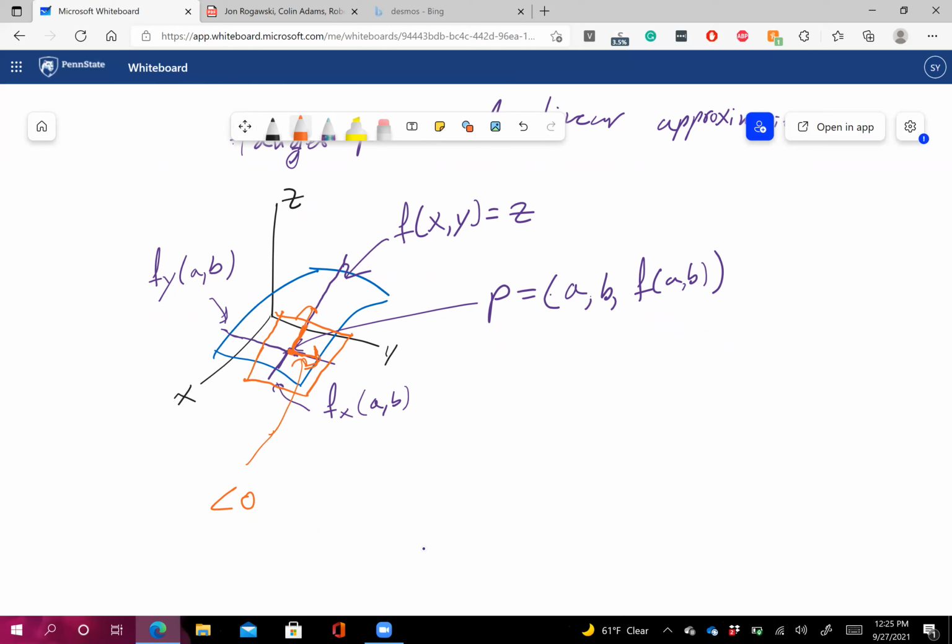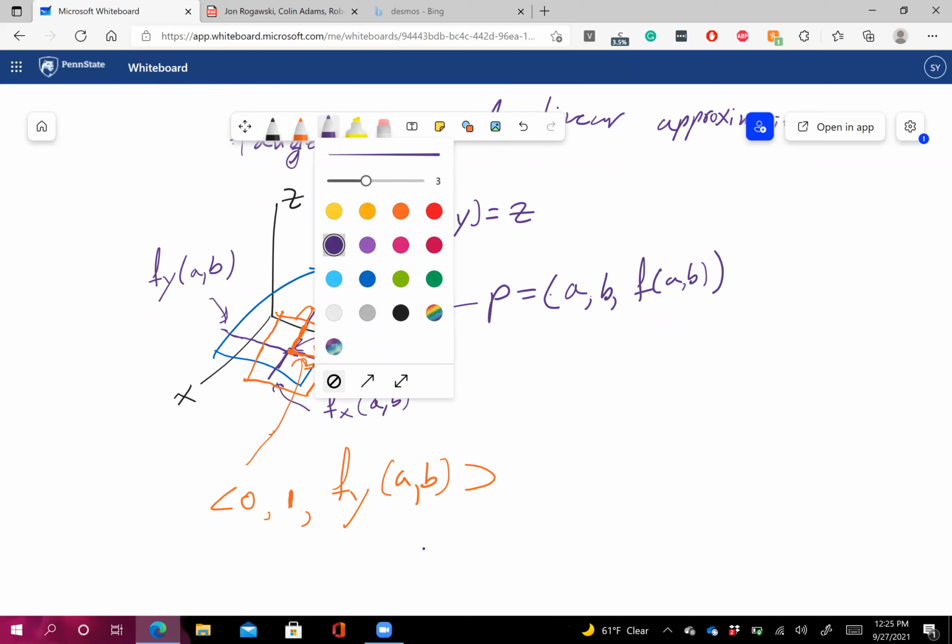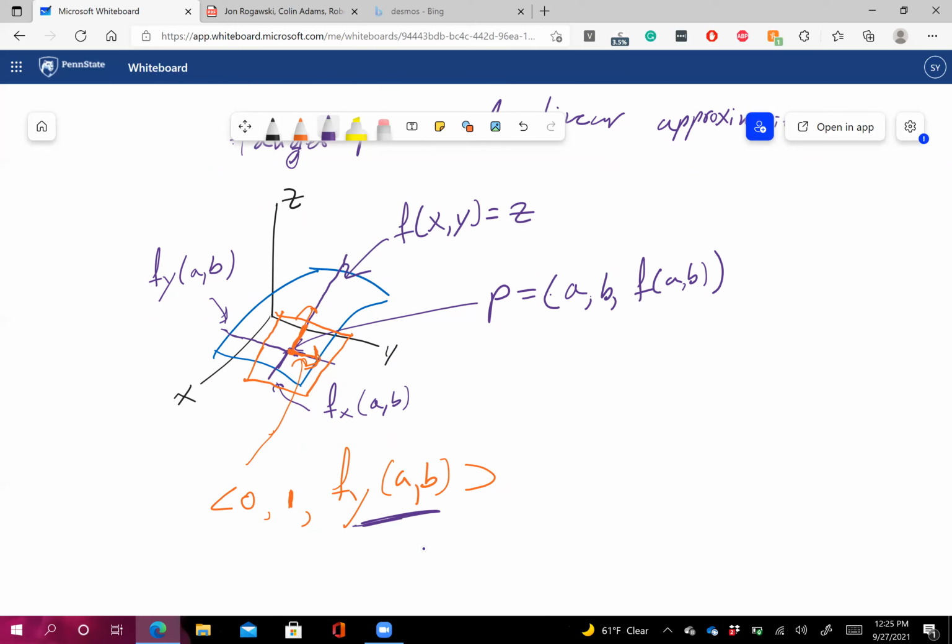If it goes 1 step in the y direction, it will be going f_y(a, b) in the z direction. So this is the z component, this is the y component, and this is the x component of that vector.